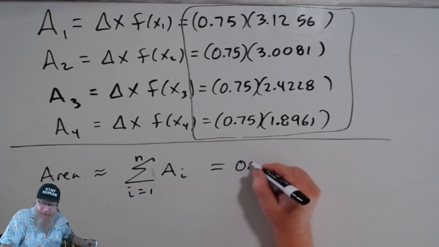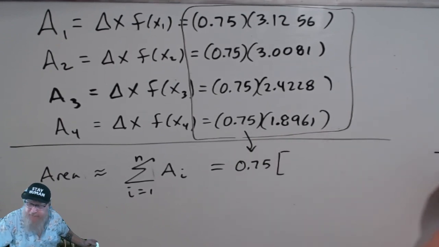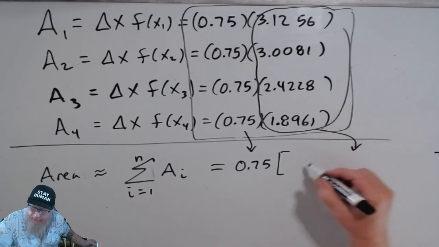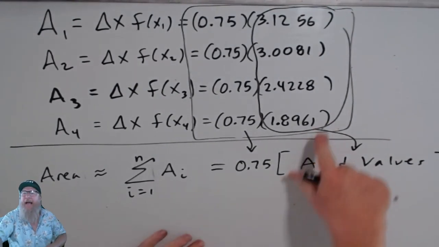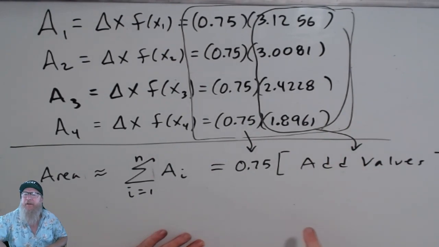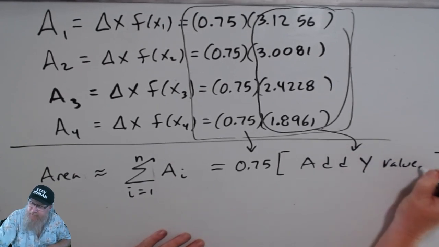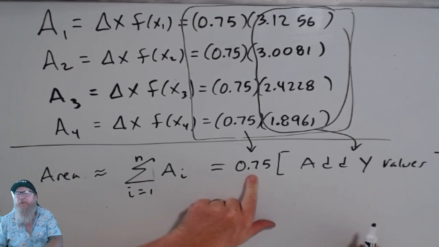I'm going to do 0.75 times the sum of all the f's. I can add all these function values, really the y values, or the roof of the functions, and then you only have to multiply once.